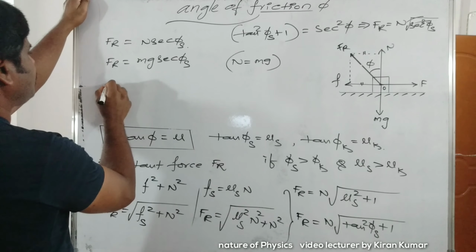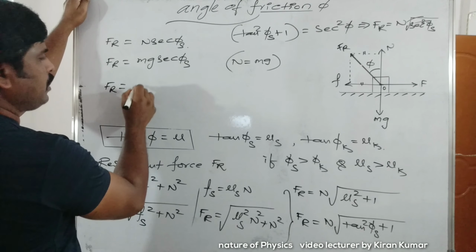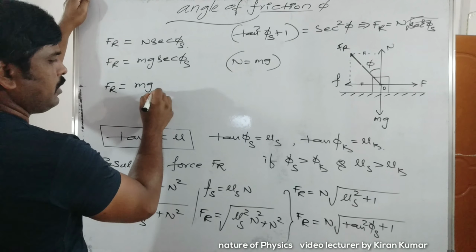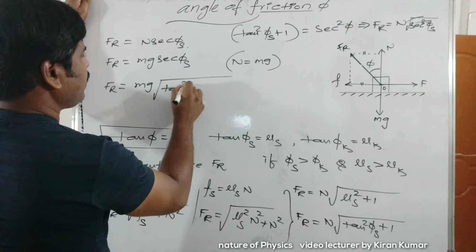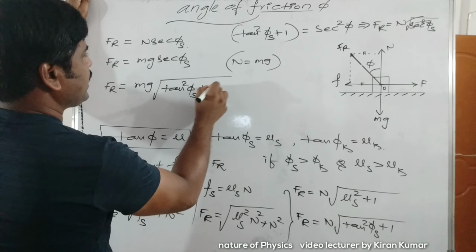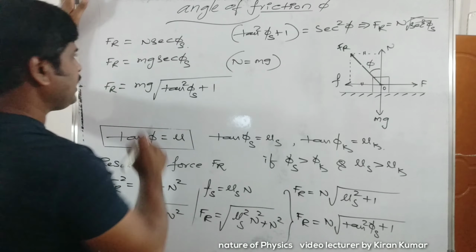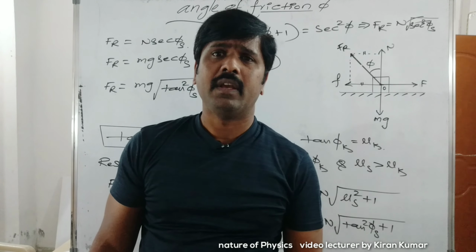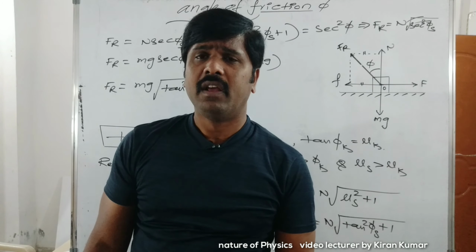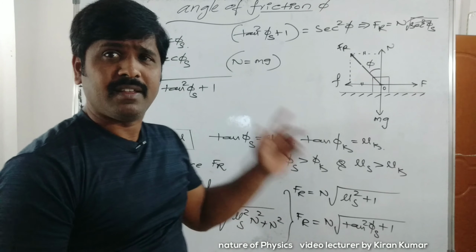And one more equation: Fr is equal to mg root over tan square phi s plus 1, just with N equal to mg replaced. These are very useful relations for the JEE Mains and NEET examinations. So this is the angle of friction and its relations.